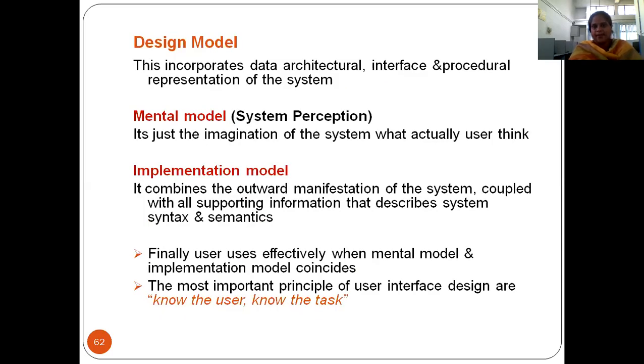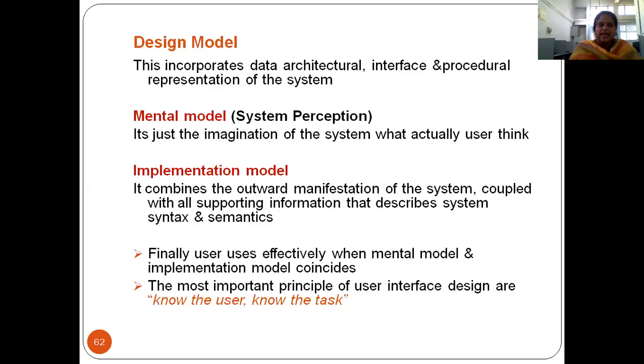Now the design model. This model incorporates the data architecture, interface, and procedural representation of the system. Next, the mental model. It is just the imagination of the system, what the user actually thinks. What the user thinks will be explained by the mental model.